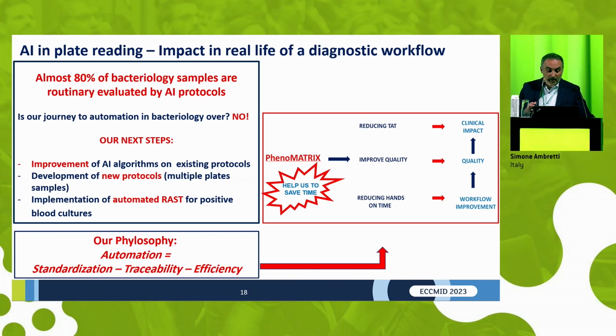In my opinion, automation means mainly greater standardization, traceability, and efficiency. Moreover, as Dr. Nolt said before, at this moment another great value is represented by the time we can save by using automation. We need time to dedicate to other activities that really require human hands, human eyes, and human brains. Thank you for your attention.